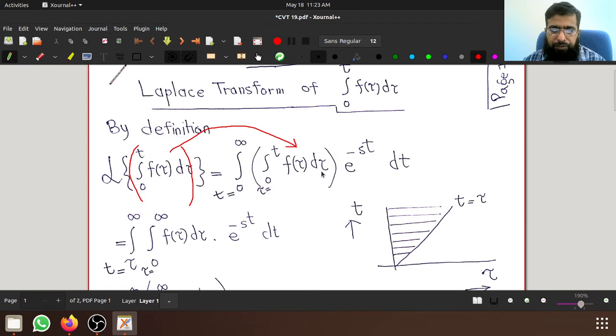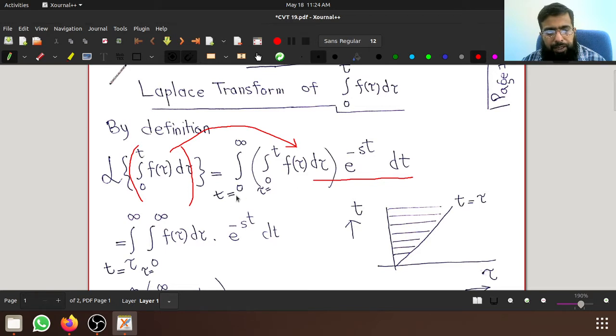Therefore the first integral will have limits of tau, and dt comes after d tau. Therefore the limits of the outer integral are for this variable t, right?